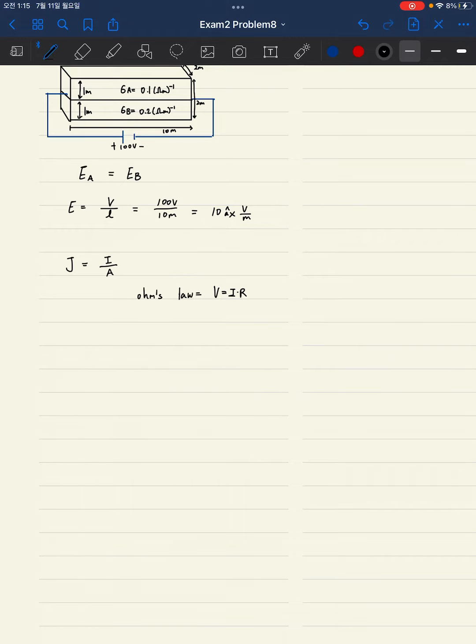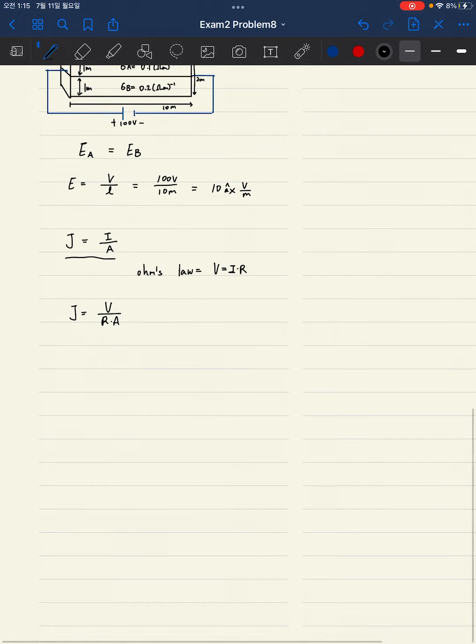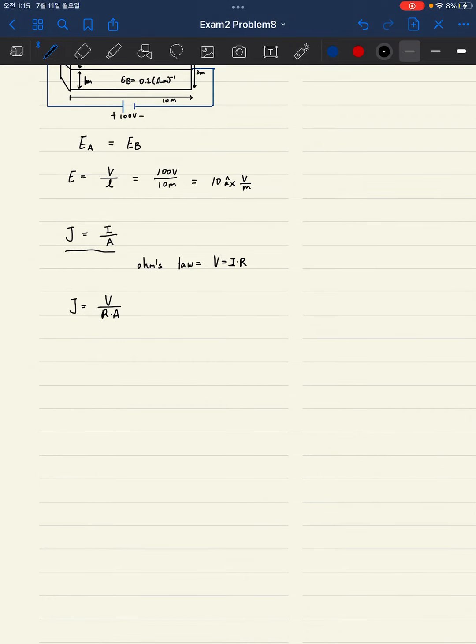So using Ohm's law and the current density equation, we can say that J is equal to V over RA. We can also say that this is equal to electric field times L over RA.